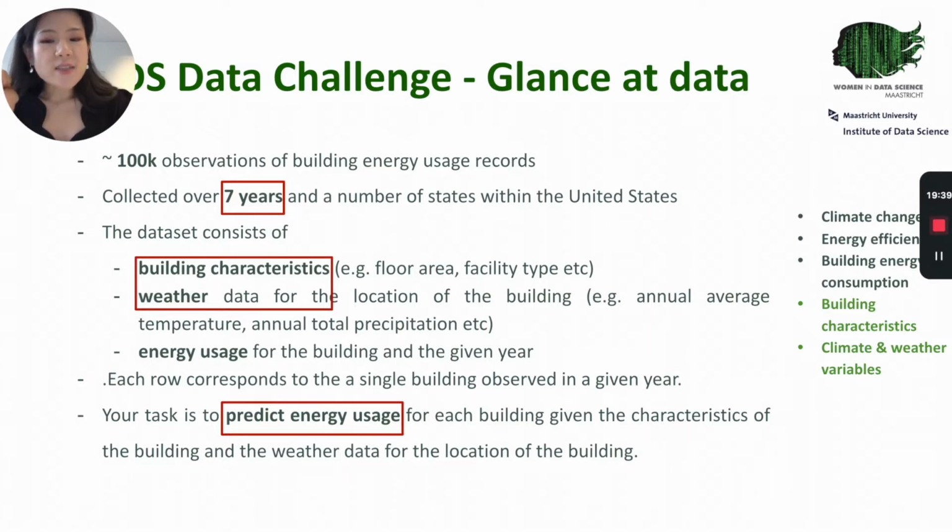Lastly, your task is to predict energy usage. From this, you kind of know it's a regression prediction. That is, I would say for the people who are doing data science, the information we get by reading those texts. So I hope next time for our beginners, if you get a description about a data challenge, you can also do the same.